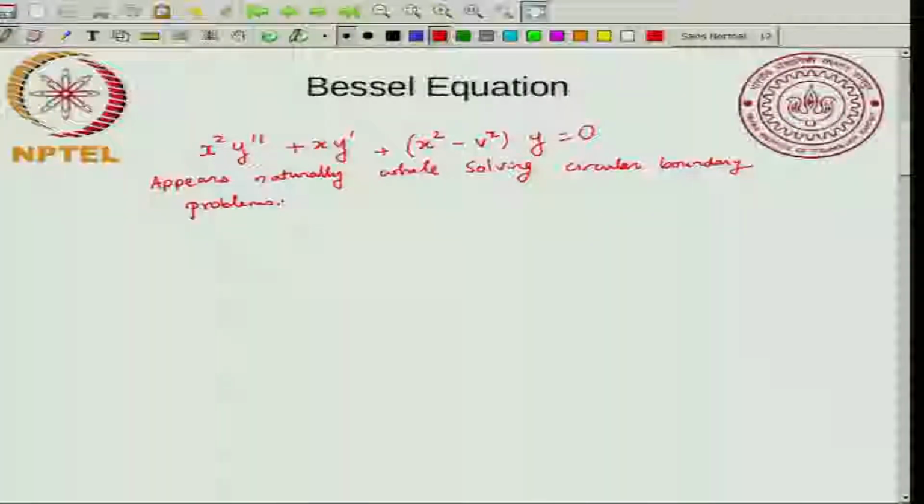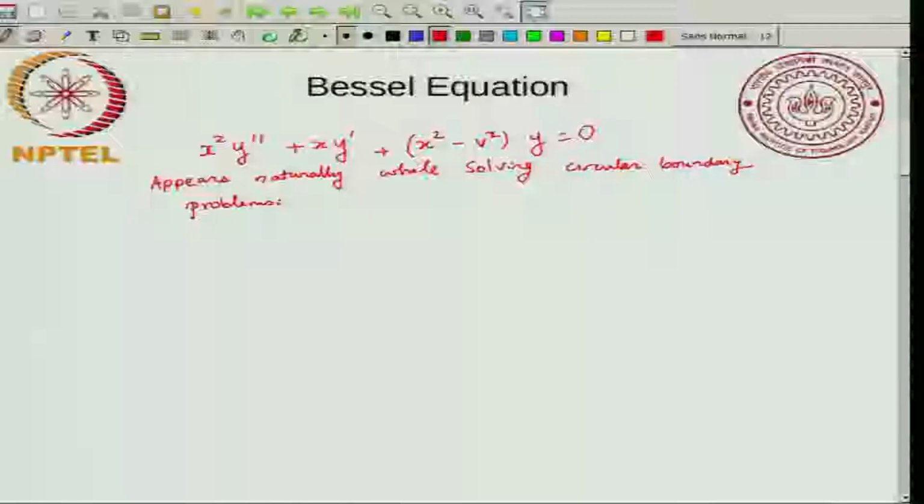So suppose you have a vibrating drum where the perimeter of the drum is circular, then you will see Bessel functions appearing very naturally in the solution of that problem. This also appears when you use cylindrical polar coordinates. So, when you use cylindrical polar coordinates, you will naturally see Bessel functions.